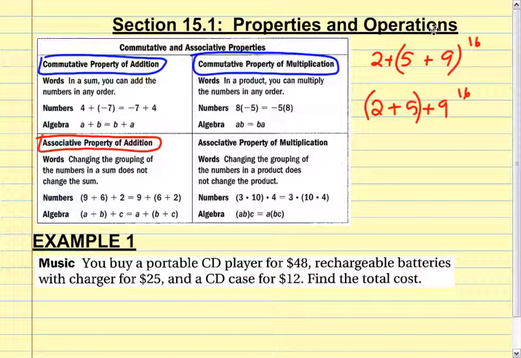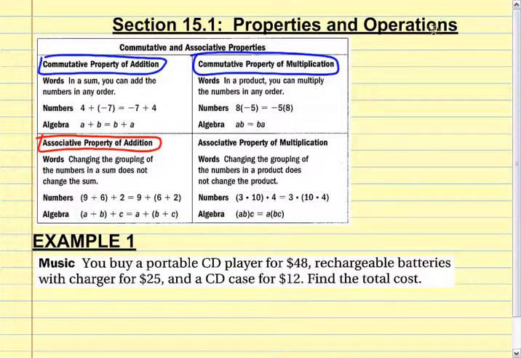Are you with me, Connor? Good, because you're going to help me with this next one. Let's do 3 times 2 times 5. What are you multiplying first? 2 and 5. And what do you get? 10. Times 3? 30.